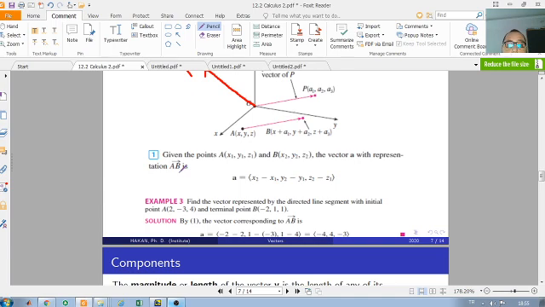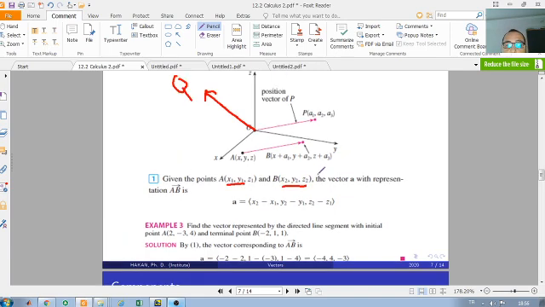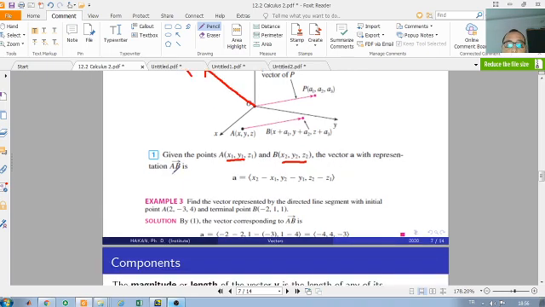So for given points A and B, and they are the components of these points, the vector with representation A to B is equal to, namely we can find the components of the vector if the initial point of this vector is A and the terminal point is B. Can be, for example, like this.